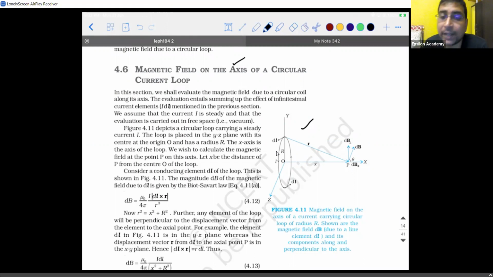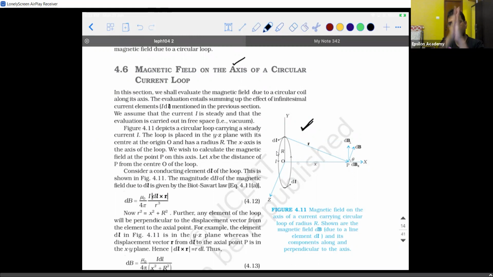Now, you have a circular current carrying conductor. You would have understood by now why it is looking like an oval. You're neither seeing it in the plane of the palm nor in the plane perpendicular to the palm, rather you're seeing it at some orientation, and that is why it is appearing in an oval shape. According to the diagram, if you have a round object, you can hold it in front of your face, or you can place your hand like this.